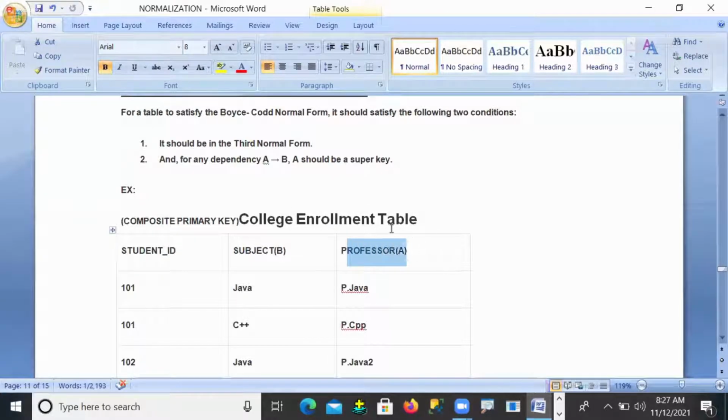Yes or no, guys? A should be a super key or not? Yes, it must be. But in my table, professor column is not a primary key column.